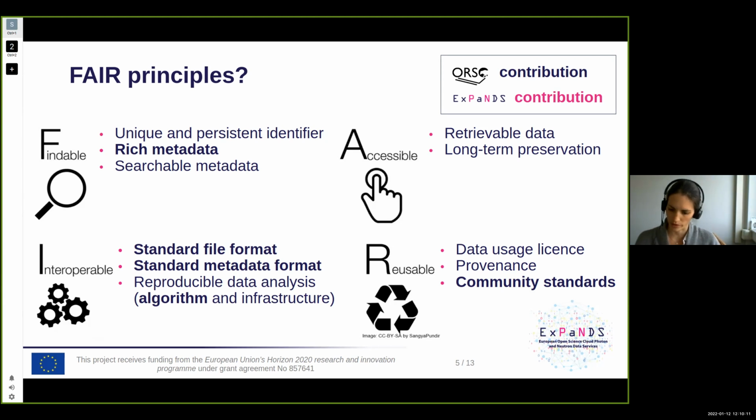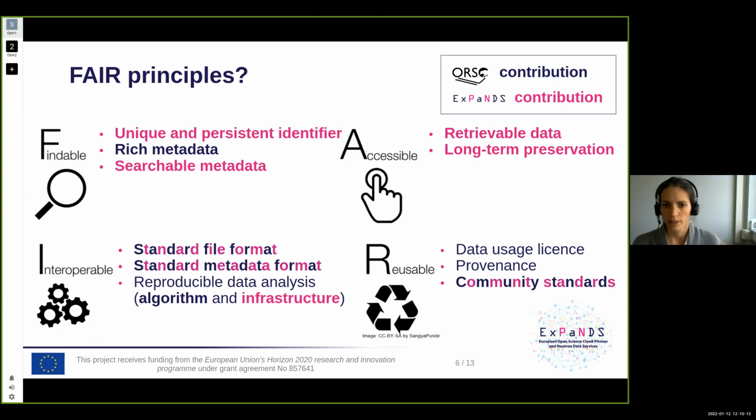And what on top of this EXPANSE will bring is the unique and persistent identifiers, the fact that we will make this metadata searchable, work on the accessibility and for the data analysis on the infrastructure too. And finally, a lot of work in the community standards.